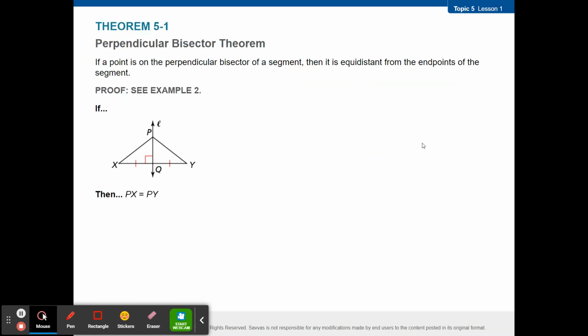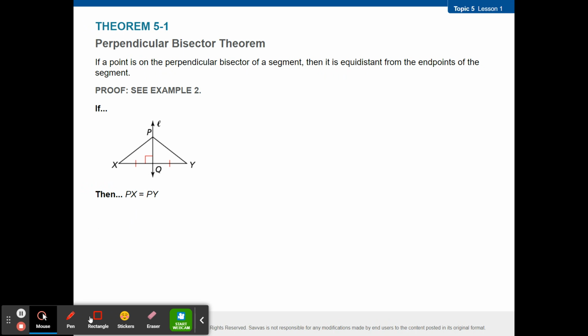And what I want you to do is underneath there, you're going to write 2 theorems. This is the first one, the perpendicular bisector theorem. If a point is on the perpendicular bisector of a segment, then it is equidistant from the endpoints of the segment. So if you have essentially segment XY and you constructed this to create that bisector, as specifically a perpendicular bisector, you would have XQ congruent with QY.